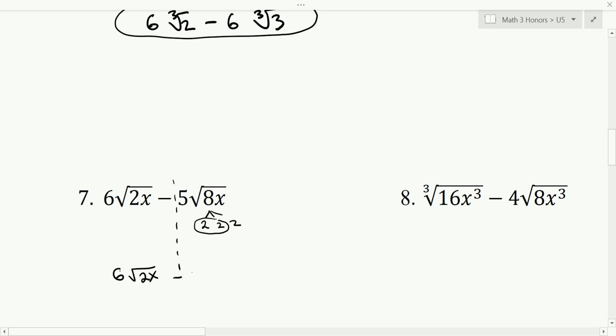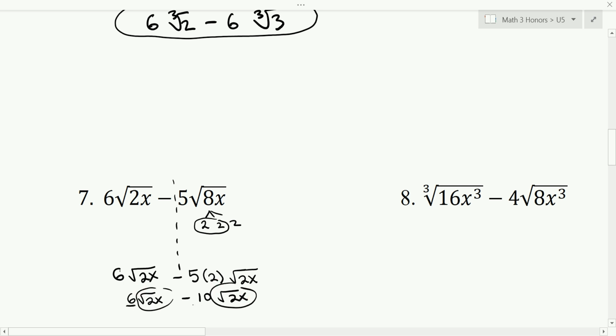The second one we end up with, we carry down that 5. We're going to take the square root of 2 times 2, which is 2. And we're left with the square root of 2x. And now, because the roots match, we can subtract the coefficients.